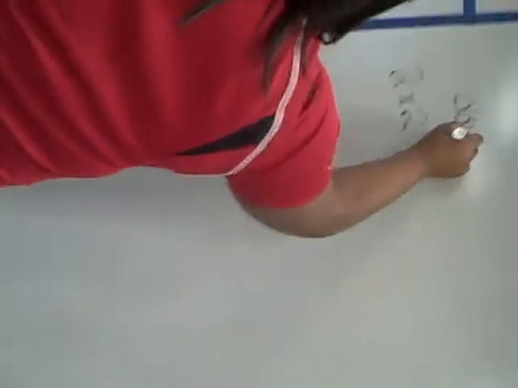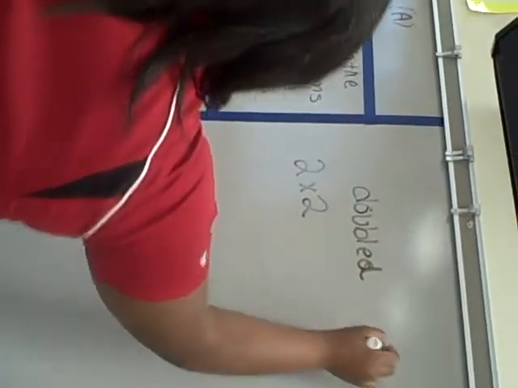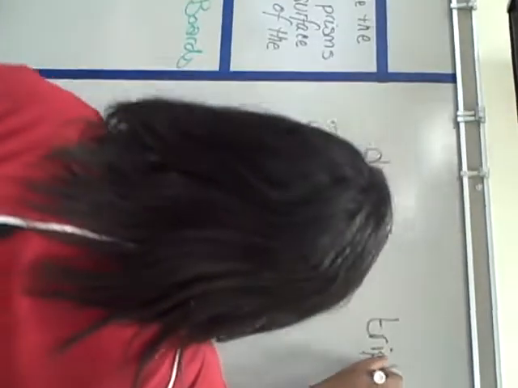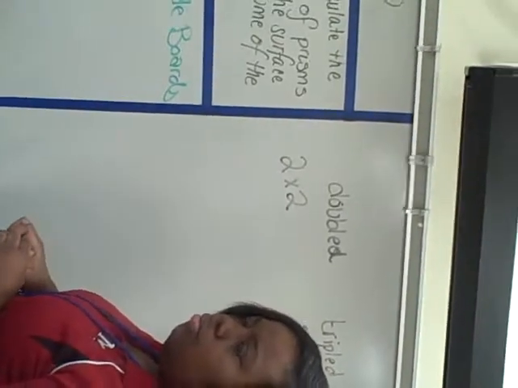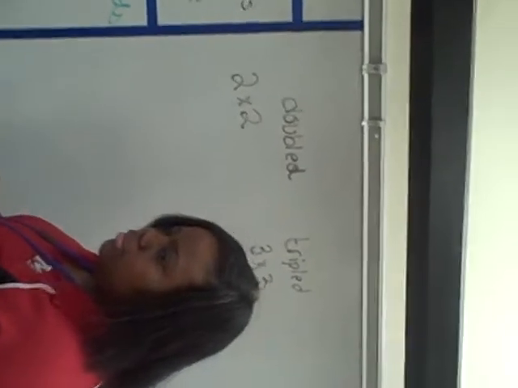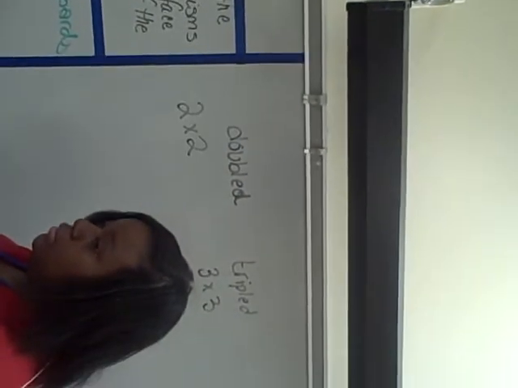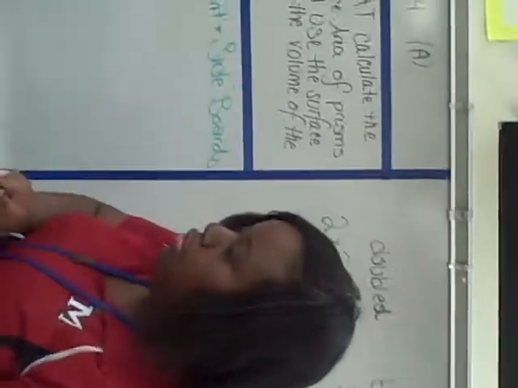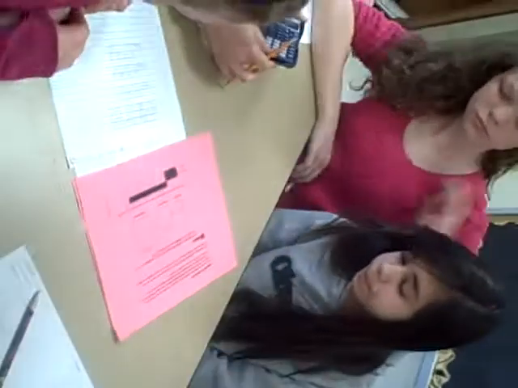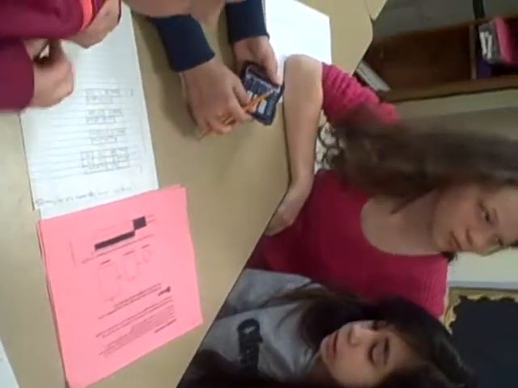Okay, so look up. You said you did 2 times 2 when you doubled it, and when you tripled it, you did 3 times 3. So what did you do? You squared it. So when you double your dimensions, your area is squared.